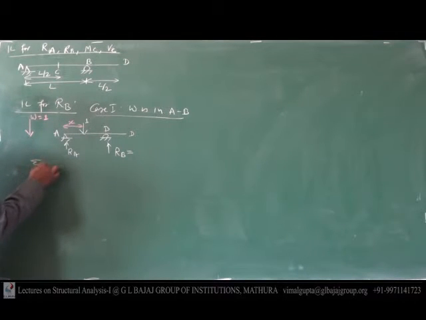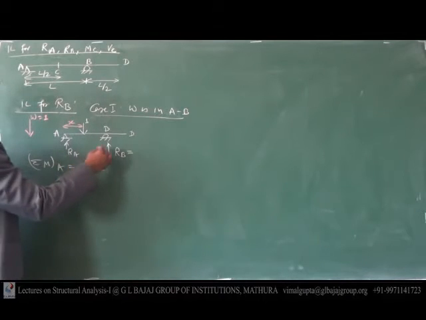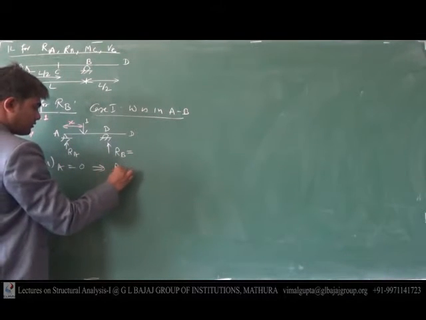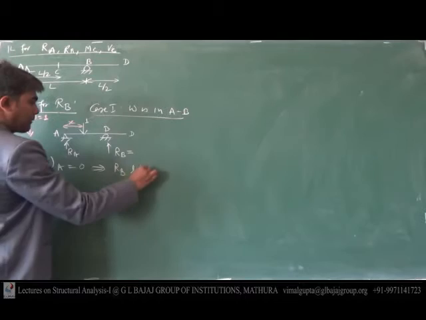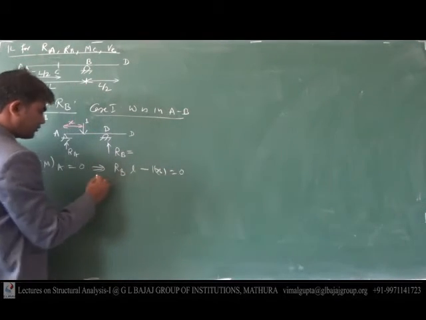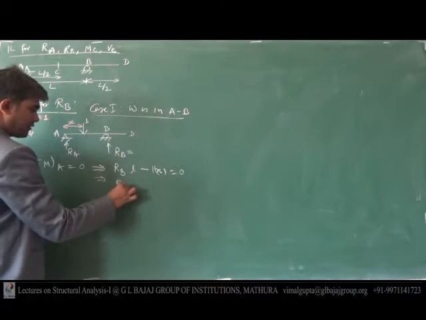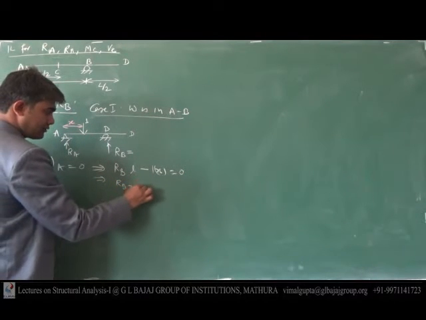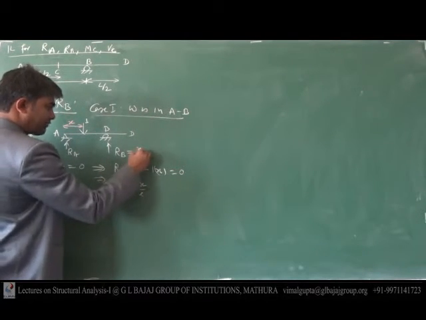Sigma M about A equals to 0, then you will get RB into L minus 1 into x equals to 0. So the value of RB is x by L.